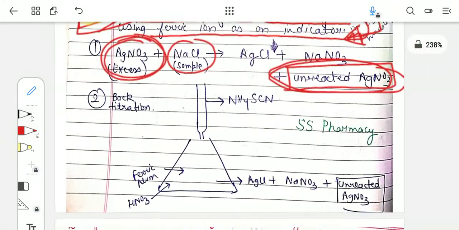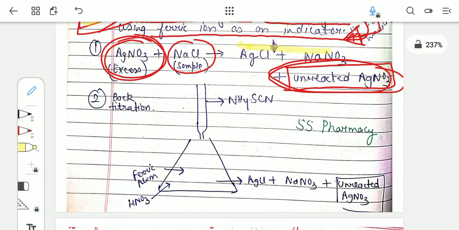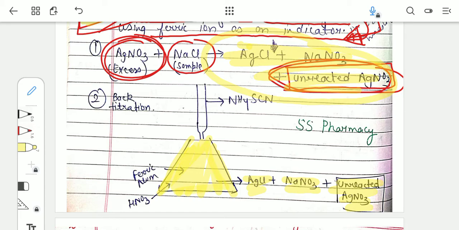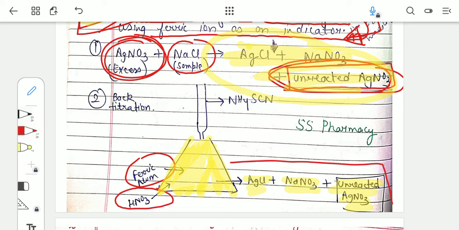Now, these products of our first step, we have taken in this flask: AgCl, NaNO3, and unreacted AgNO3. These are taken in our flask along with our indicator, which is ferric alum, and to maintain the medium acidic we take nitric acid. Now these products will be titrated with our titrant ammonium thiocyanate.